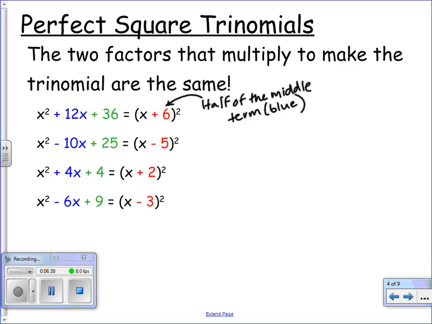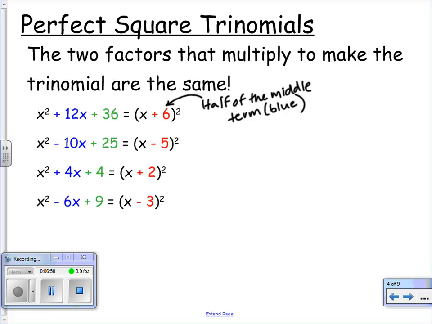How do you get 36 as a perfect square? 6 times 6. Where do you see 6? At the end in the red. How do you get 25 as a perfect square? 5 times 5. Where do you see 5? At the end. Does that work for all the other ones?